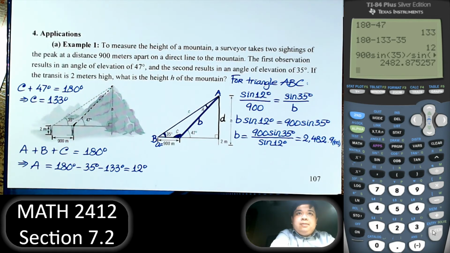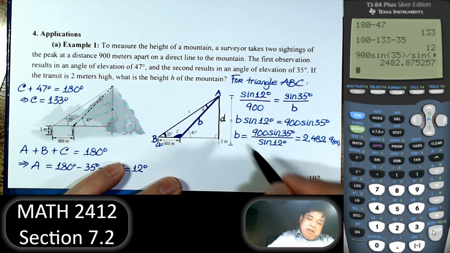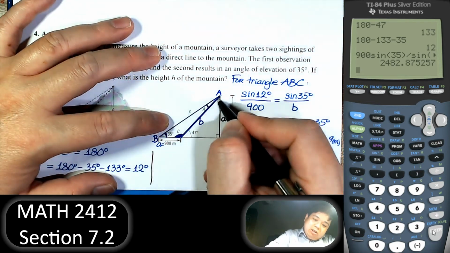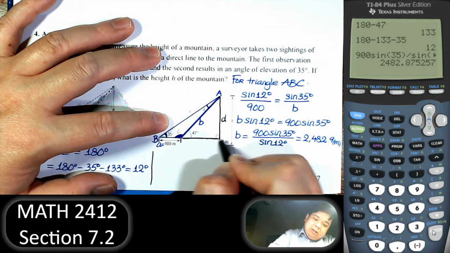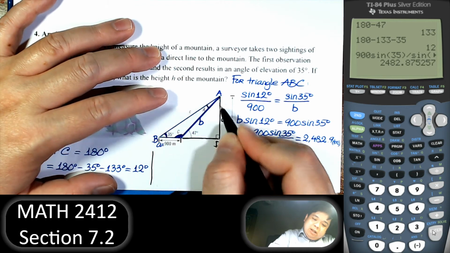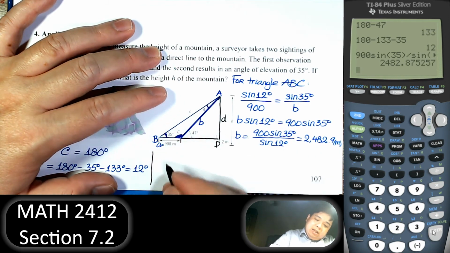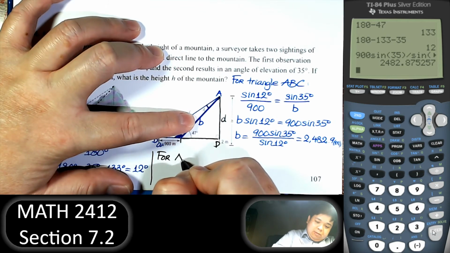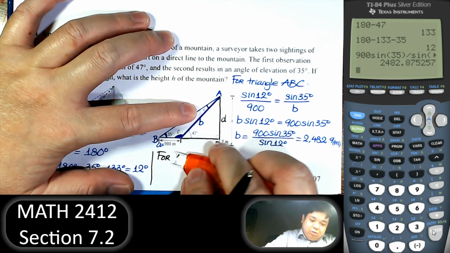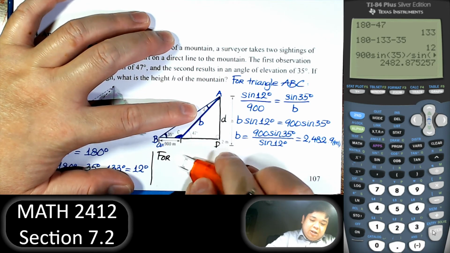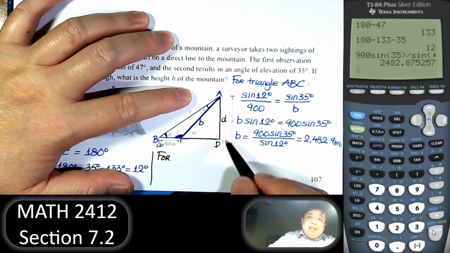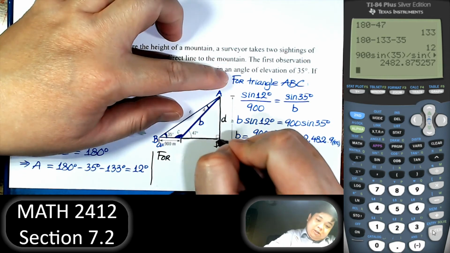Right, so we have that. So we have B. Now we can focus on triangle ACD. And this is the right triangle ACD. The D is the right angle.